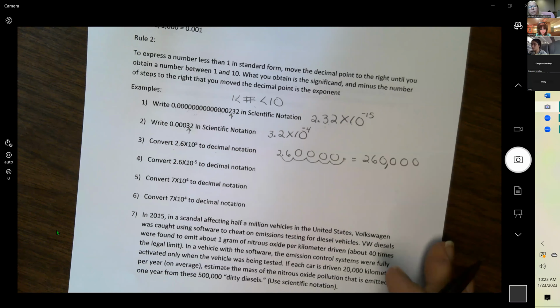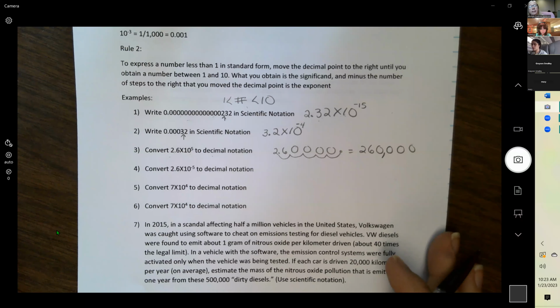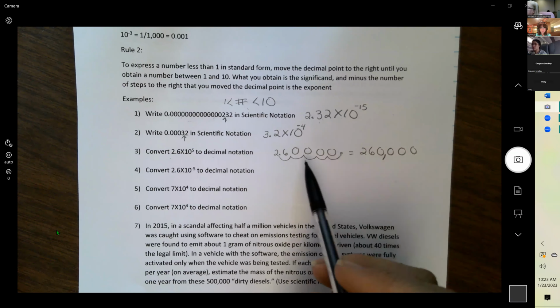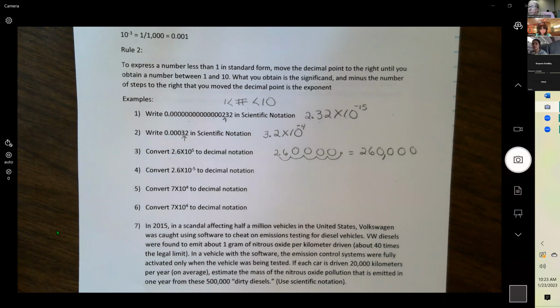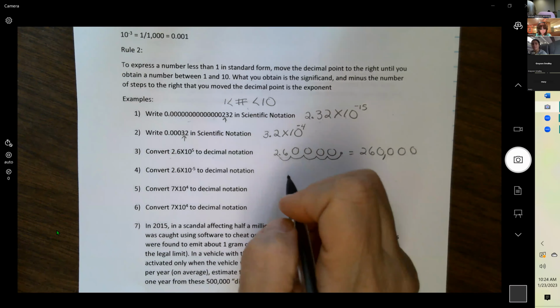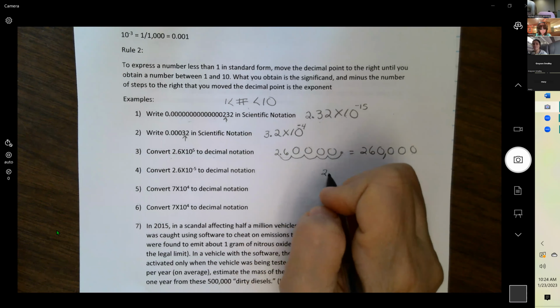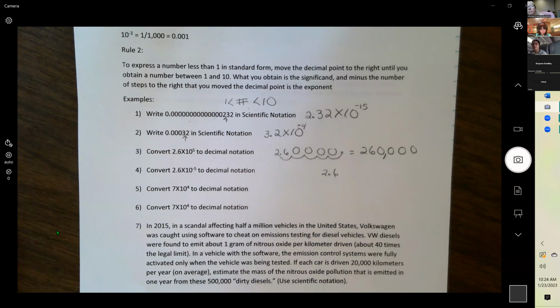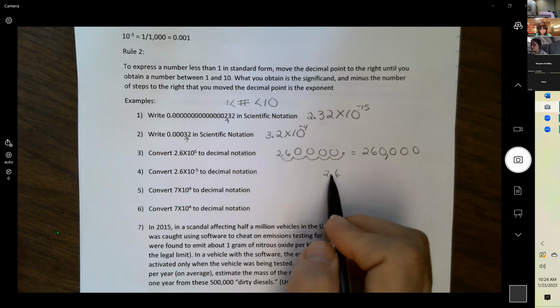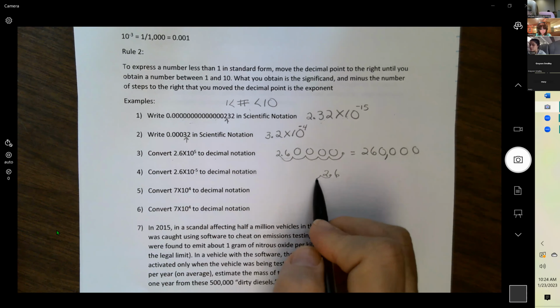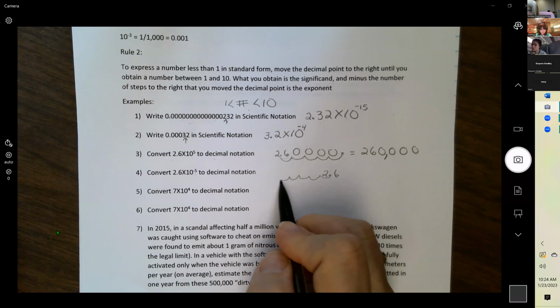Now, number 4 has the same thing, but a negative exponent. So instead of making my number large, it's going to make it small. It's going to make it decimals. I'm going to start over here so I can fit it all. So I'm going 5 units to the left. 2, 3, 4, 5.